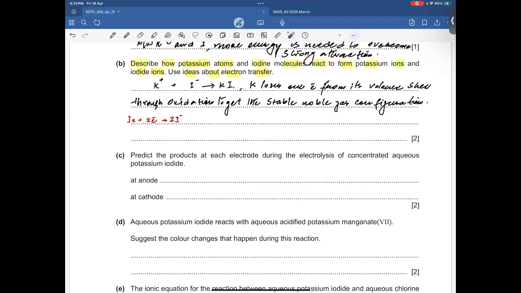All right. So these 2 electrons will be available only when you use 2 potassium atoms. Technically, potassium loses 1 electron from its valence shell through oxidation to get the noble gas configuration.